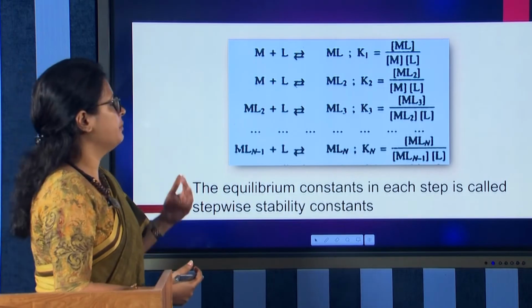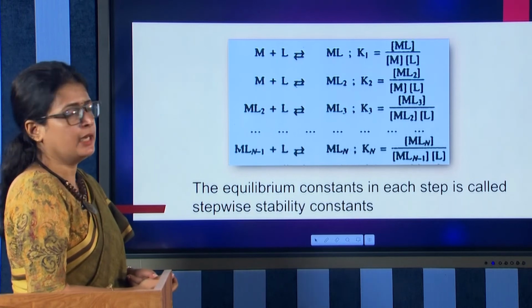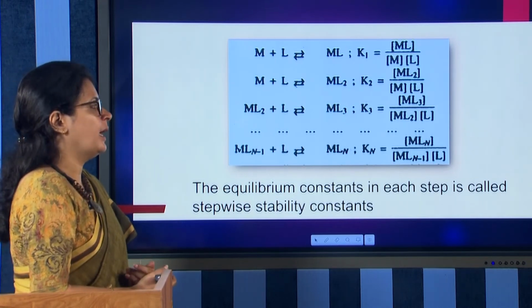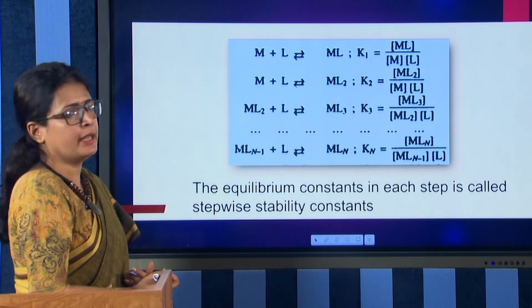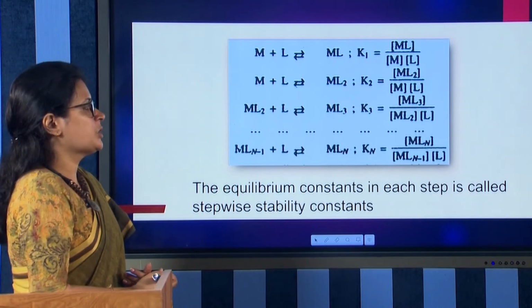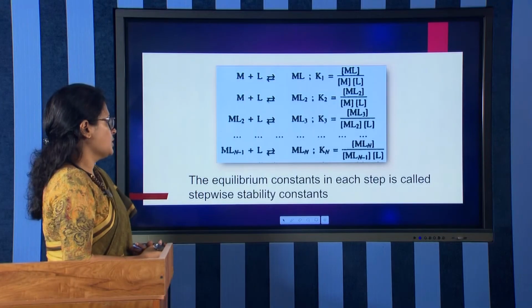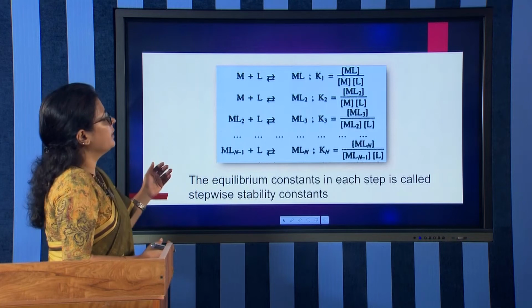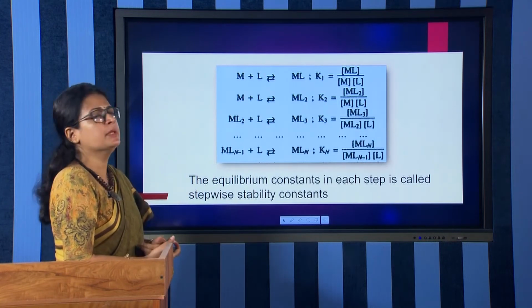Generally the reaction can be represented like this: ML(n-1) plus L giving MLn, and in this case Kn can be written as the concentration of MLn divided by the concentration of ML(n-1) into the concentration of L. So, in all the cases the equilibrium constant in each step is called the stepwise stability constant.